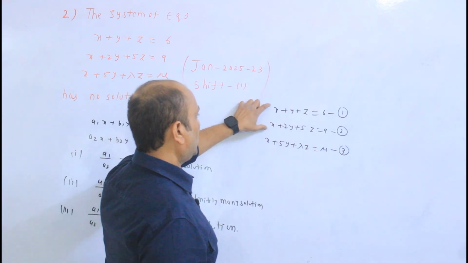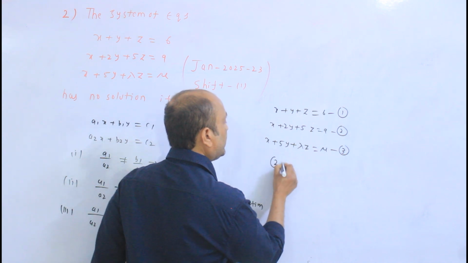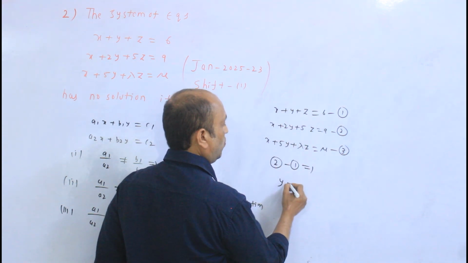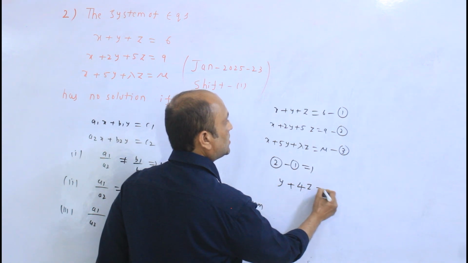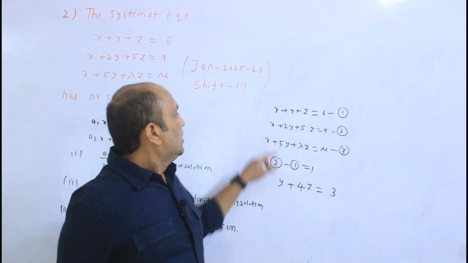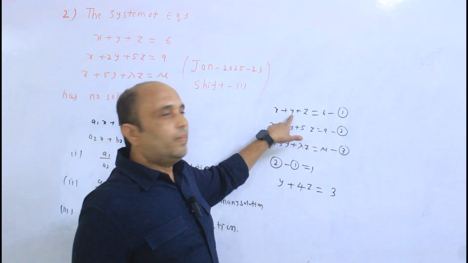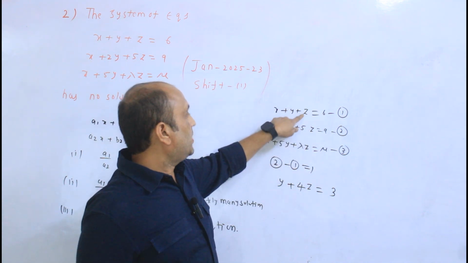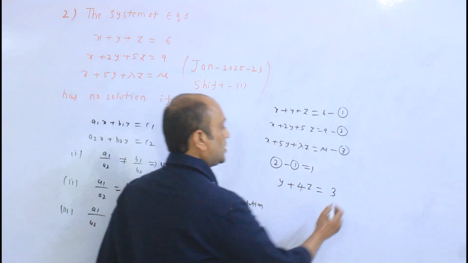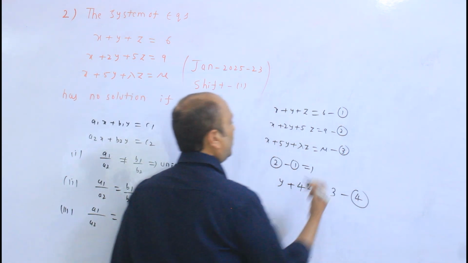So just subtract these two, 2 minus 1. That gives y plus 4z equal to 3. So x gets cancelled, 2y minus y is y, 5z minus z is 4z, 9 minus 6 is 3. This is equation number 4.